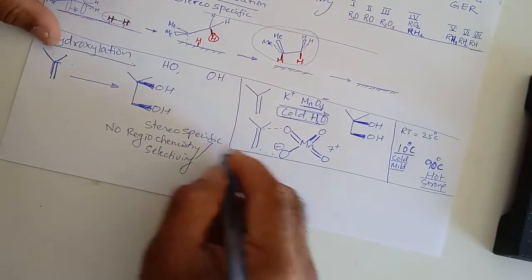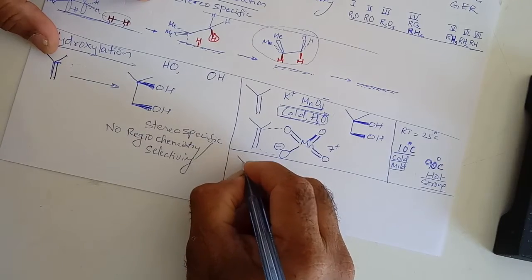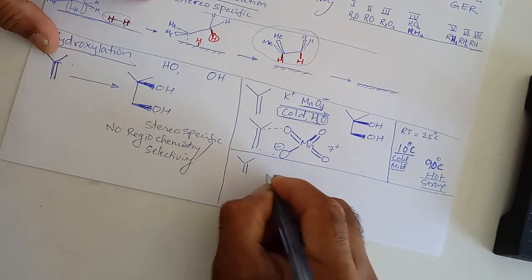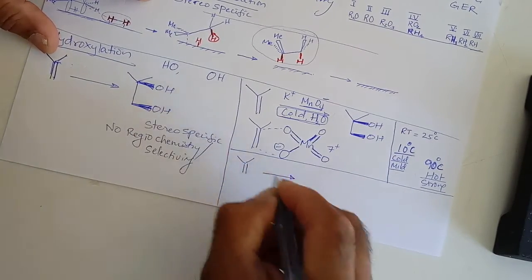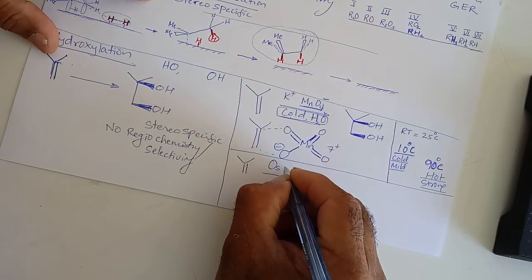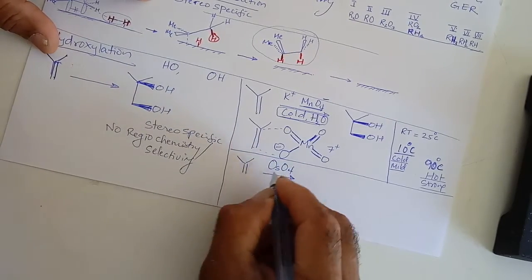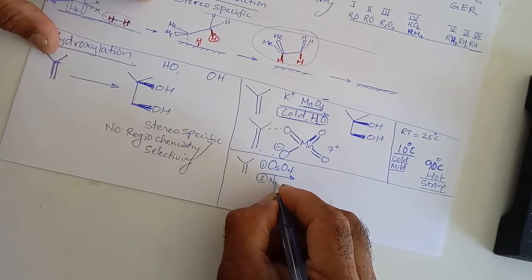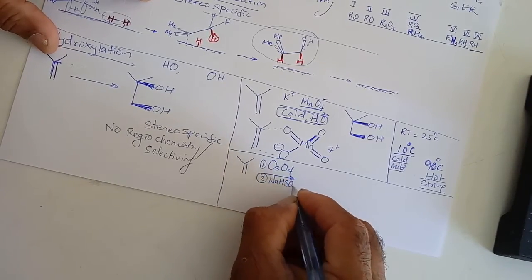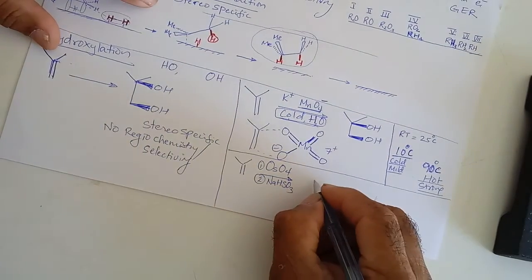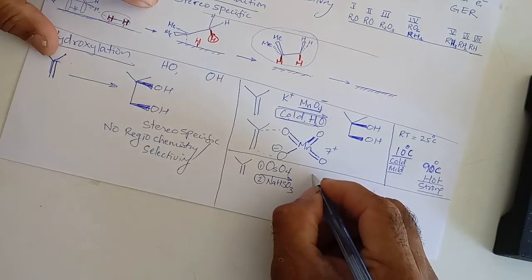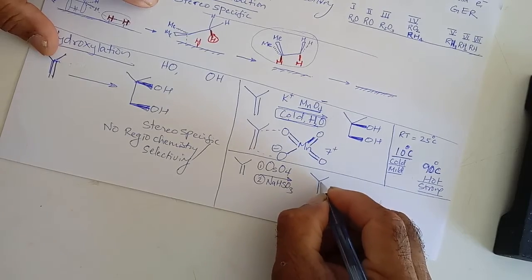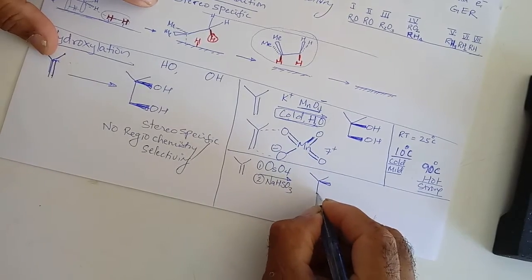The other reaction that accomplishes the same thing is osmium tetroxide. Now osmium tetroxide, osmium is a metal, followed by sodium bisulfite. Okay, it gives you the same product, the syn diol. Whoa, I named it, didn't I?